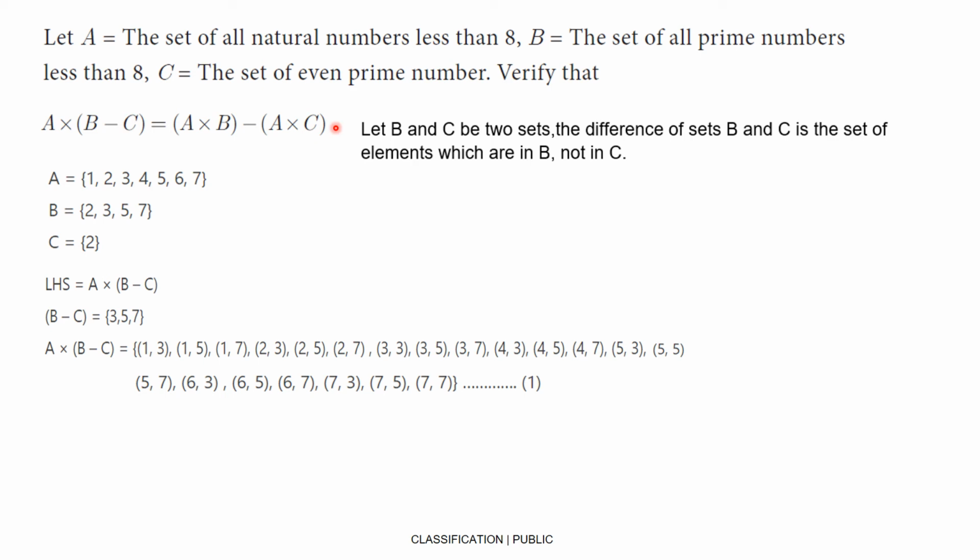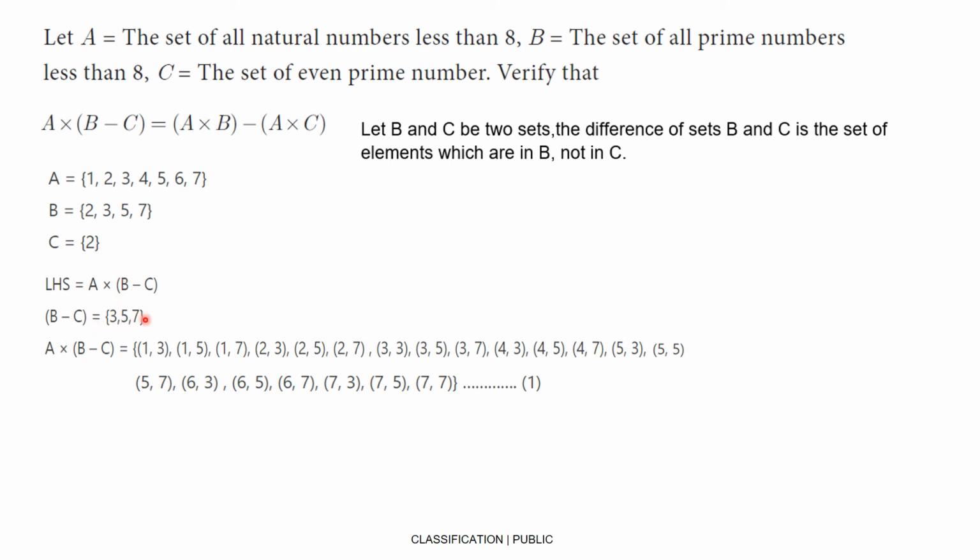The difference of sets B and C is the set of elements which are in B, not in C. So here B equal to {2, 3, 5, 7}, C equal to {2}. So cancel 2. What are the remaining? 3, 5, 7, which are in B, not in C. Therefore B minus C equal to {3, 5, 7}.